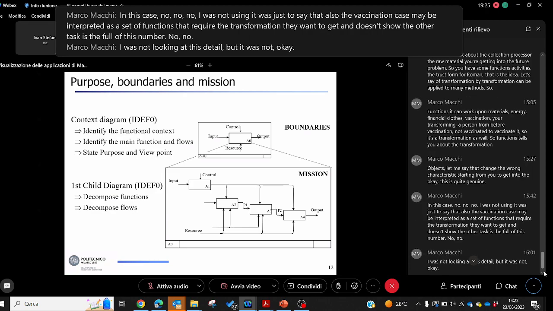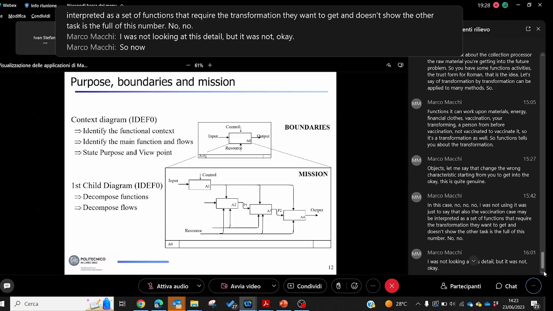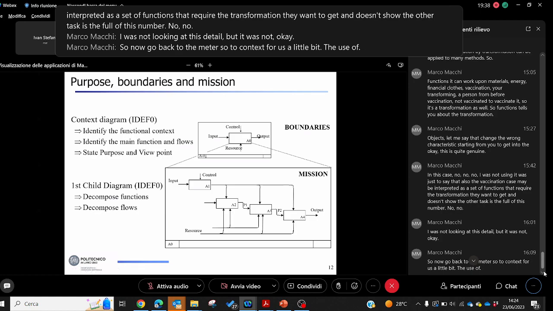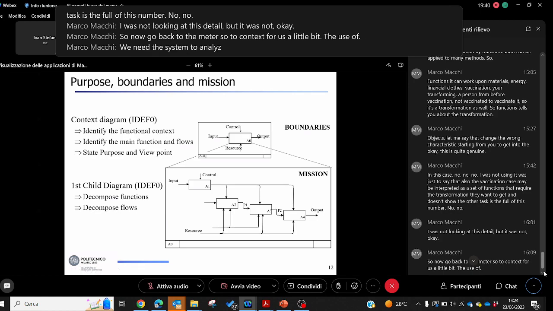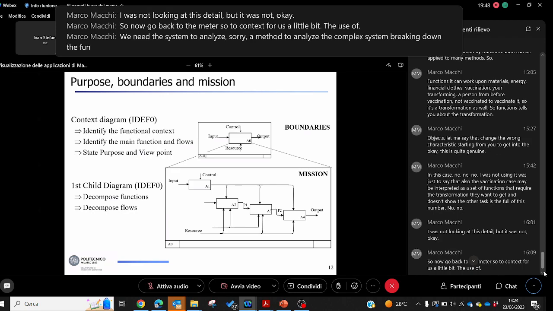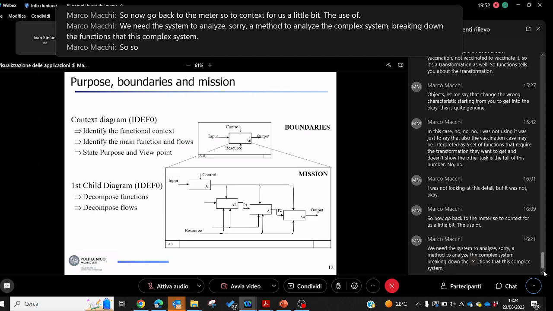So now, having said this, go back to the need, to contextualize a little bit the use of this theory. We need a method to analyze a complex system, breaking down the functions that this complex system can play. First, an analysis need.